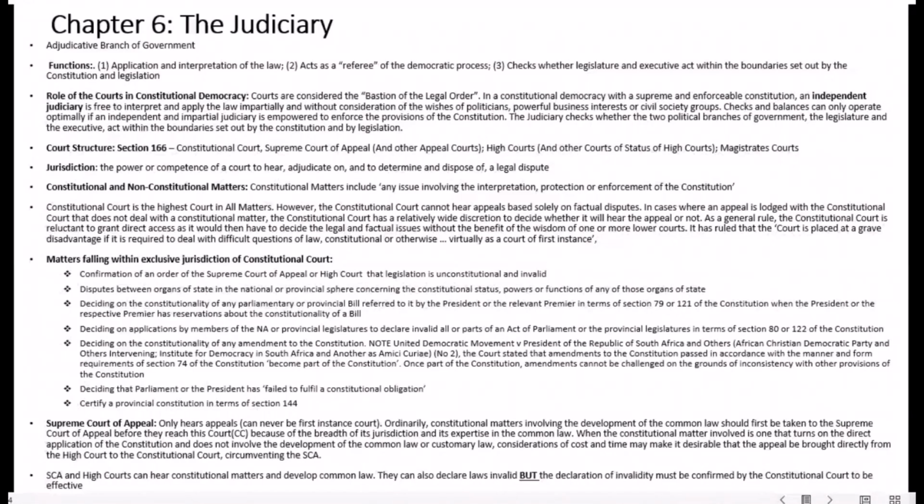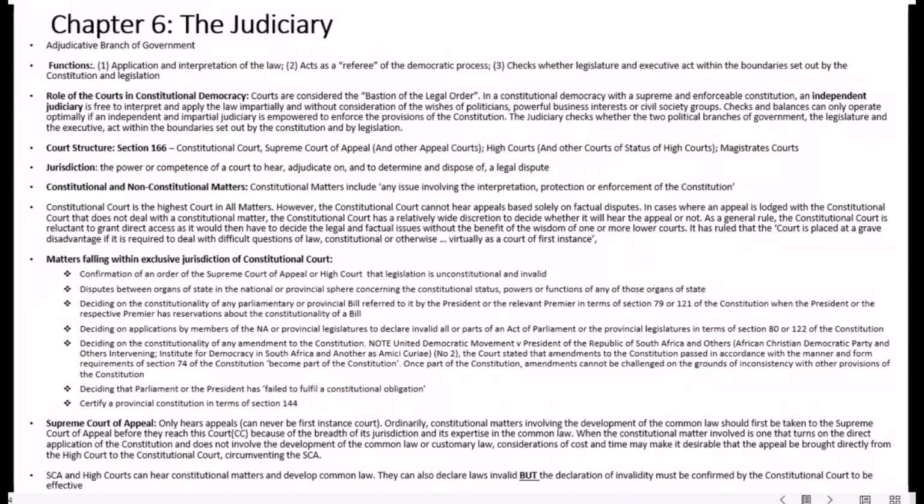Checks and balances can only operate optimally if an independent and impartial judiciary is empowered to enforce the provisions of the Constitution. The judiciary checks whether the two political branches of government, being the legislature and the executive, act within the boundaries set out by the Constitution and by legislation.